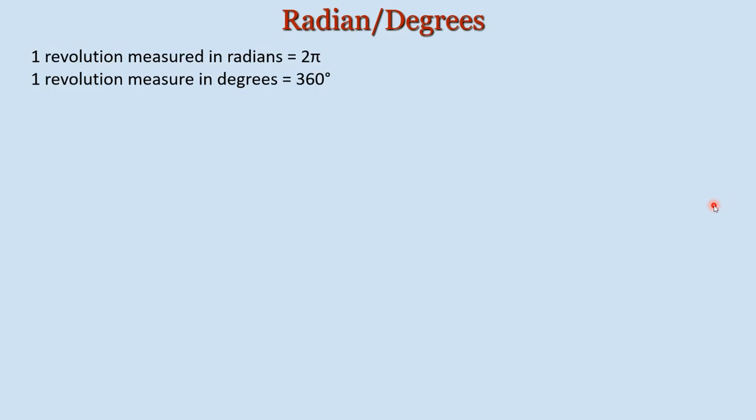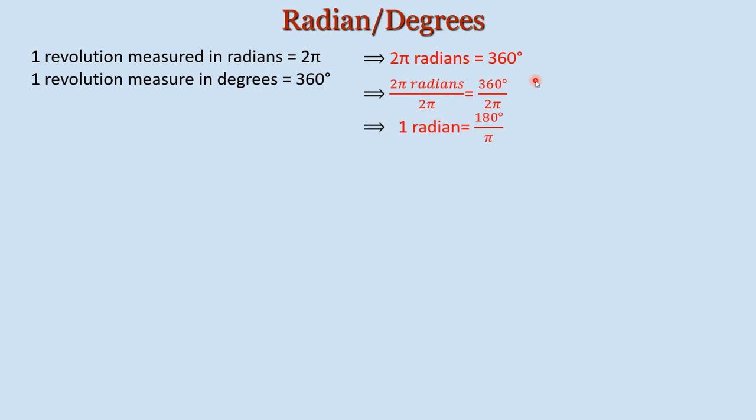All right, so let's look at how we develop these conversions. So we have 1 revolution measured in 2 pi radians. We can divide by 2 pi so that we can find the equivalent of 1 radian. So 360 divided by 2 pi, we get 1 radian equals 180 over pi when we reduce 360 by 2.